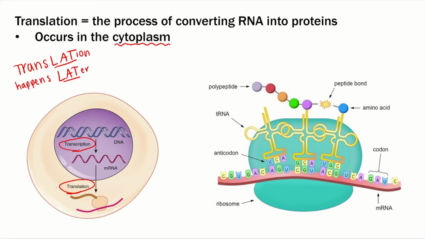So we can see translation here is our second step. Essentially what we're doing is we're taking that mRNA that we just made in transcription, we're bringing in amino acids, and we're forming a polypeptide, which will make up proteins.